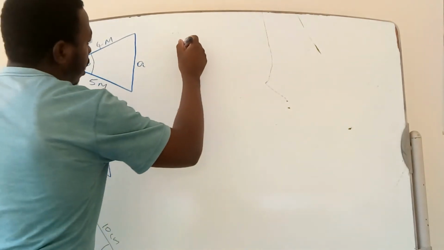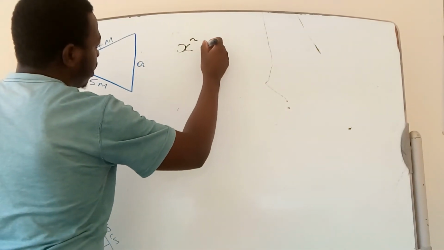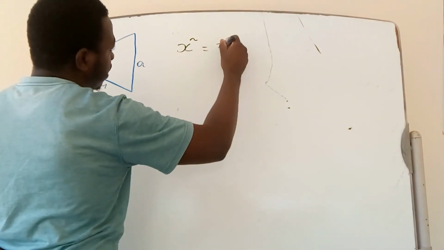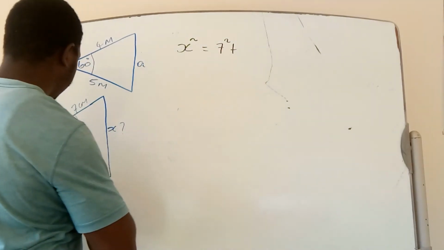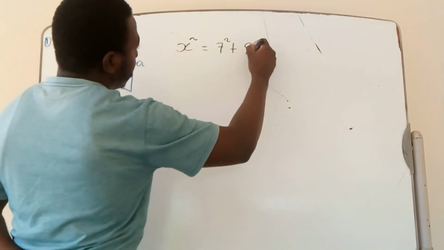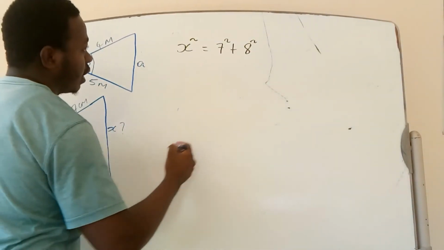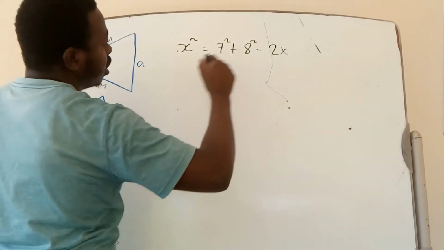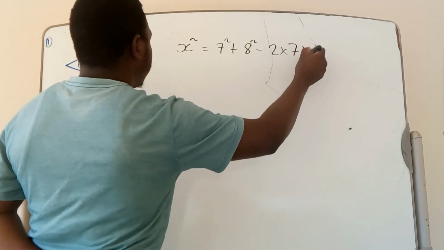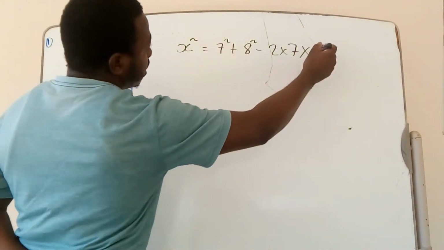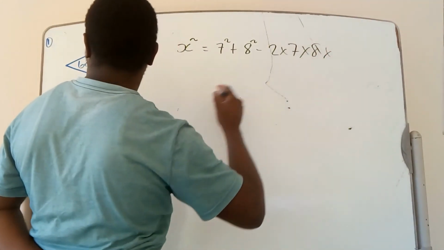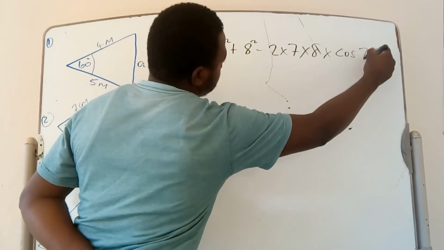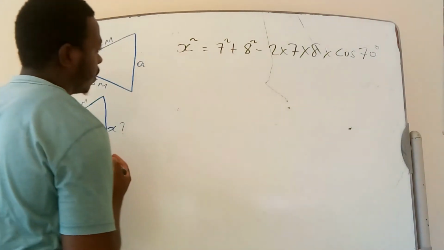So x squared is equal to this side squared, which is 7 squared, plus this side squared, which is 8 squared, minus 2 times this side, which is 7, multiplied by this side, which is 8, times cos of the angle, which is cos of 70 degrees.